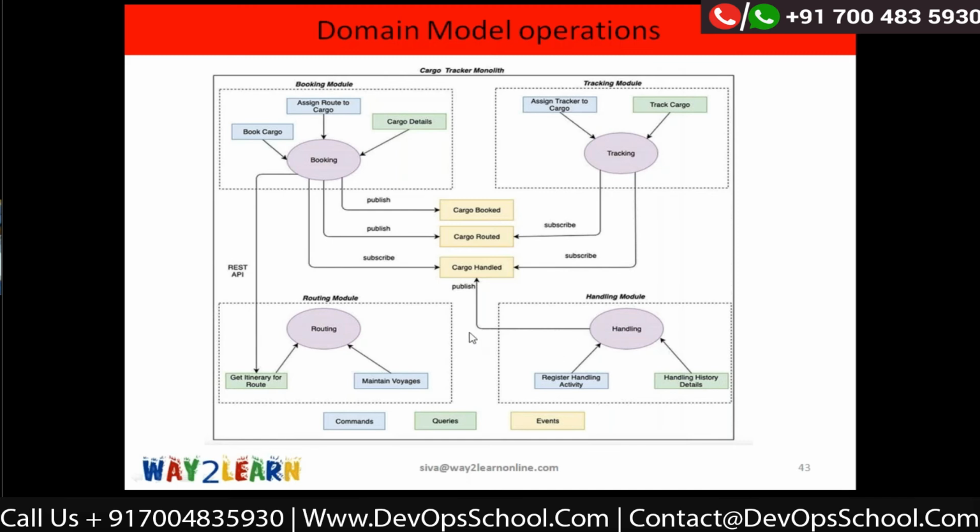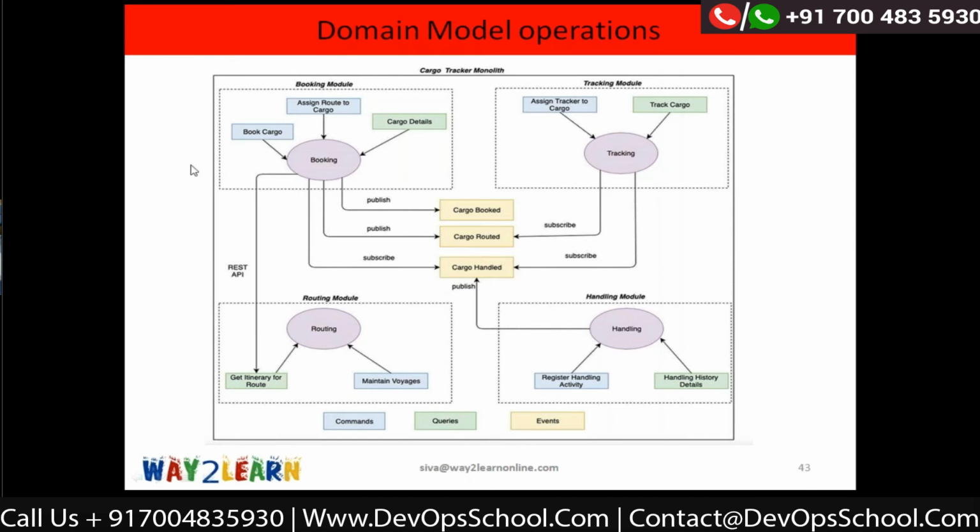It will publish an event called cargo handled. For cargo handled, the booking module is subscribed. It will update the cargo status. And the tracking module also will update its database so that it can show the tracking details. So the handling module will publish an event called cargo handled, and that is subscribed by both, right?